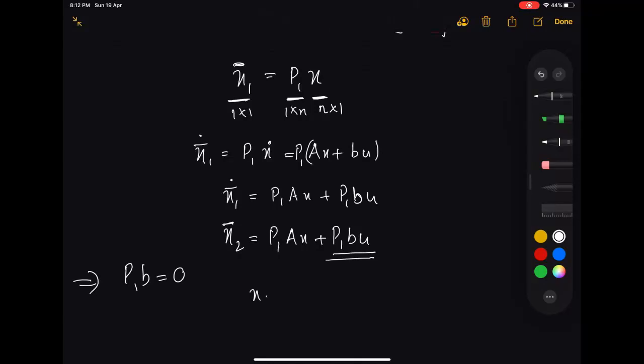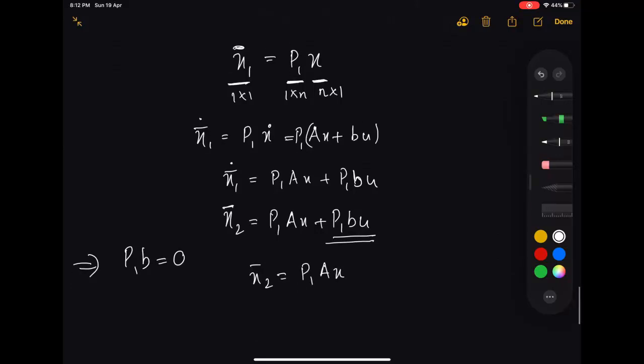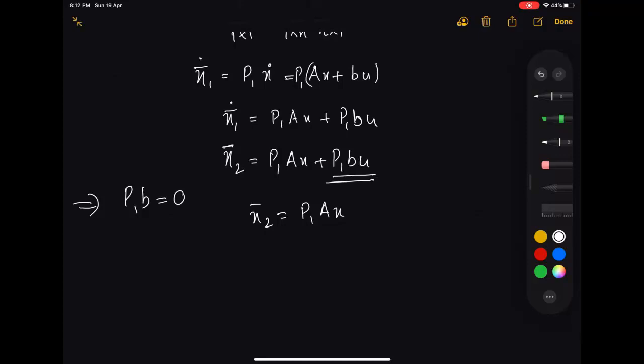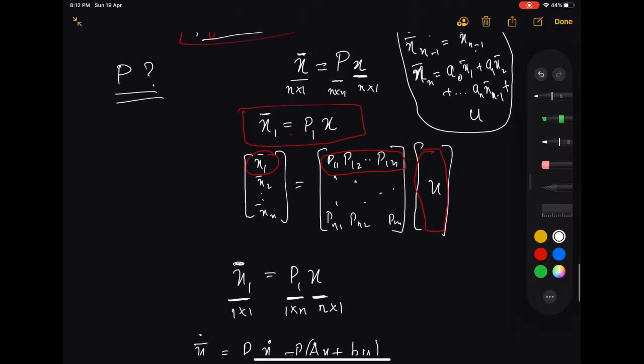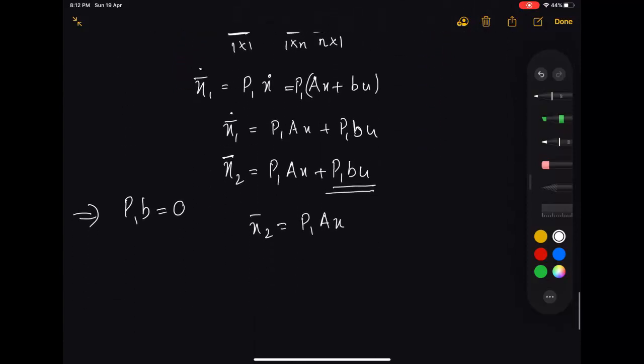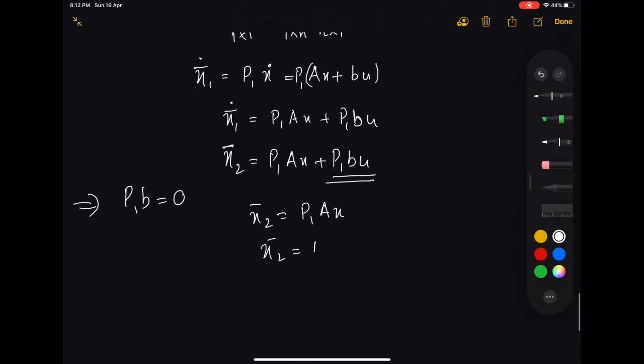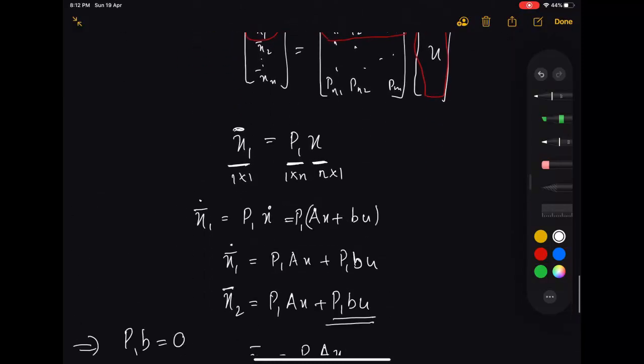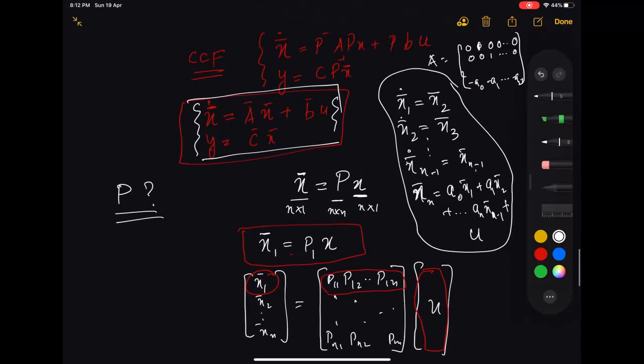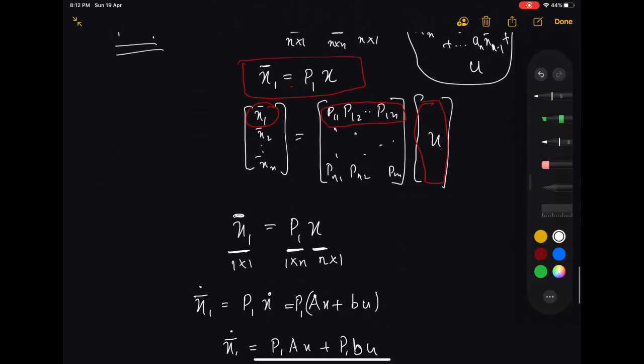And x2 bar has to be equal to p1ax, right? But from the equation x bar is equal to px, we know that x2 bar has to be equal to p2x, because just like x1 bar was p1x, x2 bar is going to be p2, the second row, into x.